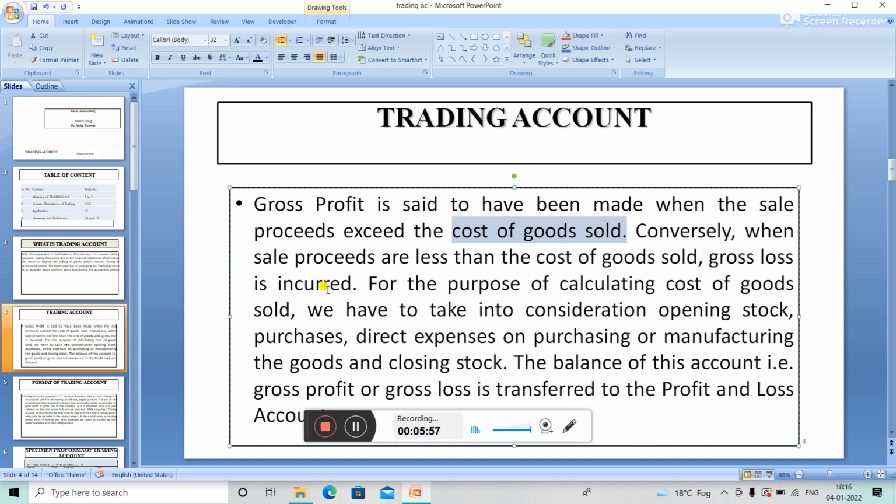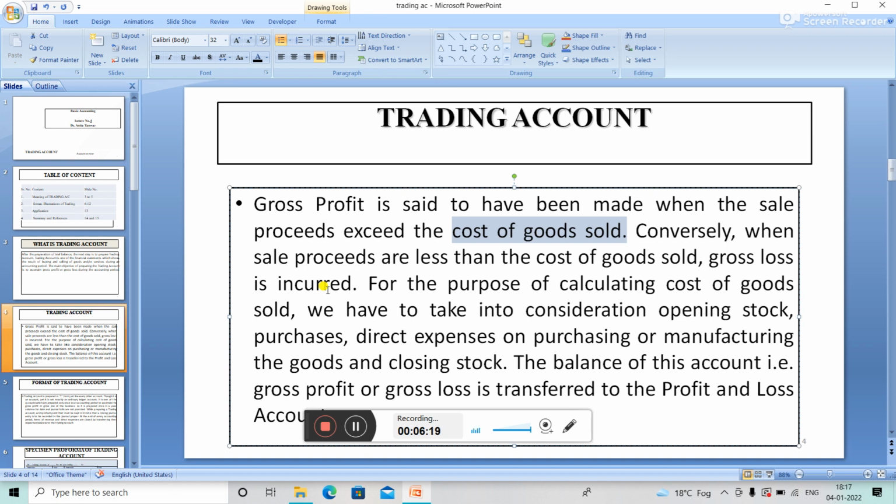It means that our debit side, or expenses, are more as compared to income. Or the vice versa situation: in case of gross profit, suppose the credit side is 50,000 and the debit side is 40,000.